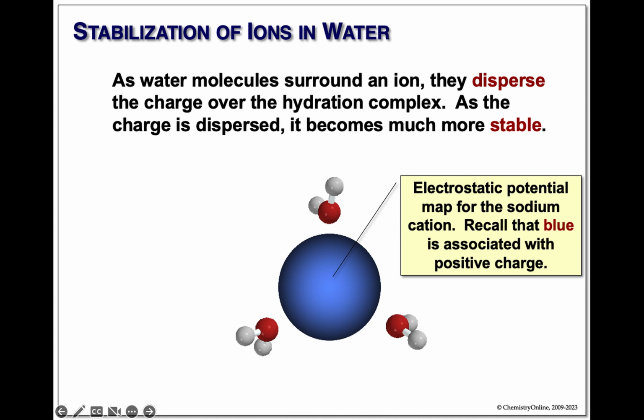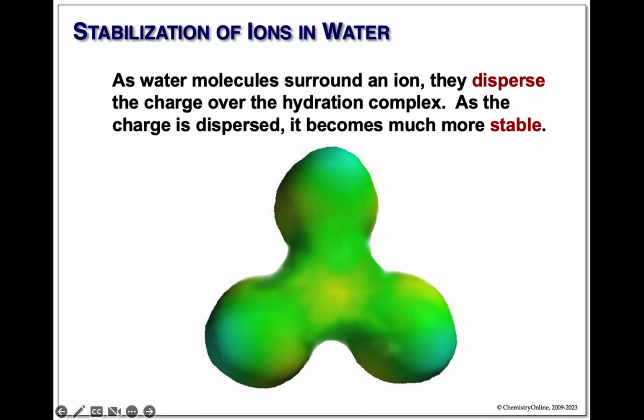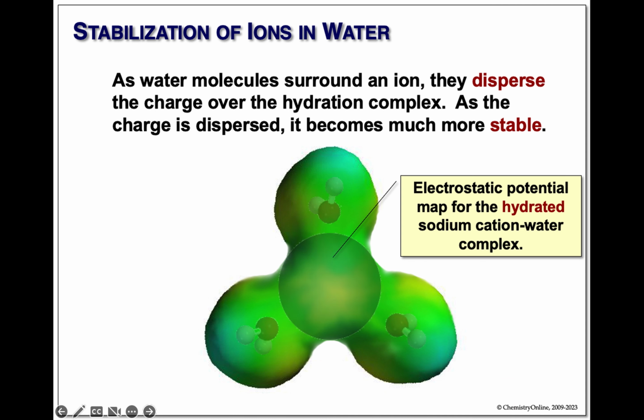When I do that, I get something that looks like this. Our big blue guy is in the middle here. Here's our waters. The blue is entirely gone. Even a little bit of yellow there now. The water has been able to take the positive charge and disperse it over the neighboring water molecules.